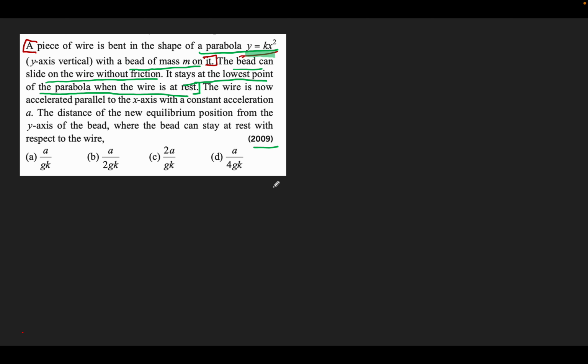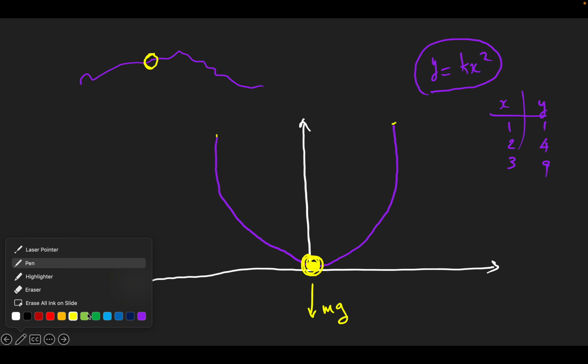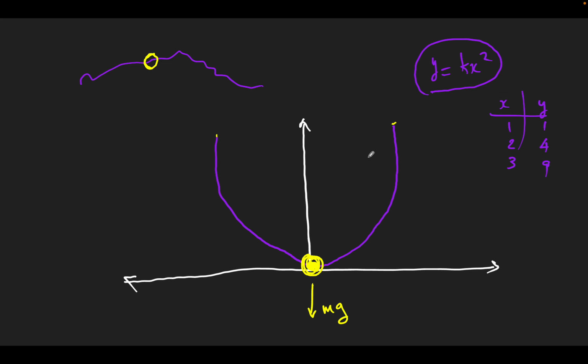Now the wire is accelerated parallel to the x-axis with a constant acceleration a. Great. That means somebody is holding both the ends of the wire and it is being moved horizontally with some acceleration a.